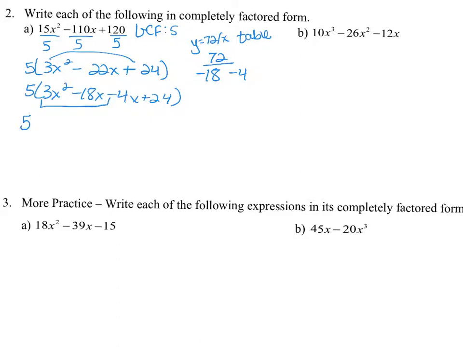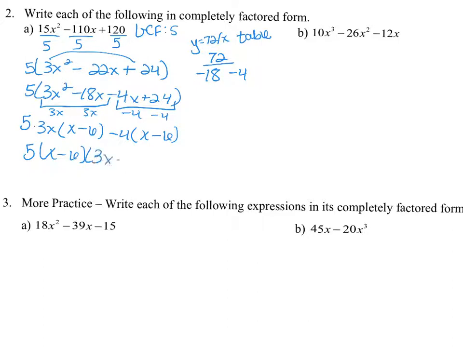My GCF here is going to be 3x, and I'm left with x minus 6. My GCF here is going to be a negative 4, left with x minus 6. My new GCF is x minus 6, and what's left over is 3x minus 4. And there we are.